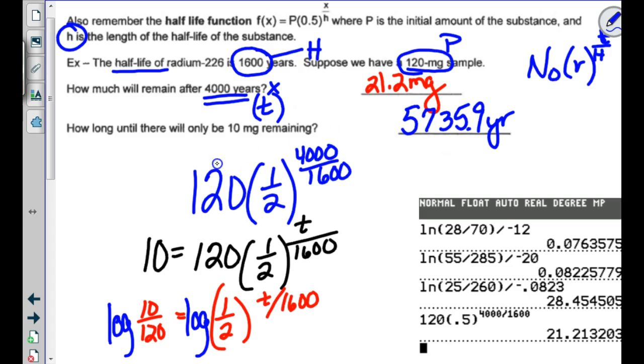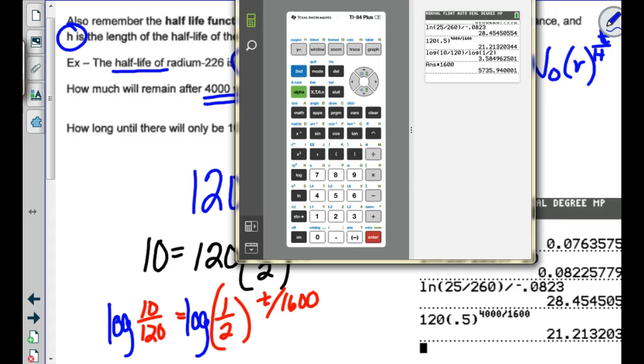On the quiz, it's going to say until there's less than 10, and then you'd have to round up. Somebody type it back in real fast. If you had said there was originally how much? 120 times 1/2 to the power of, somebody tell me it again, 5735.9 divided by 1600.